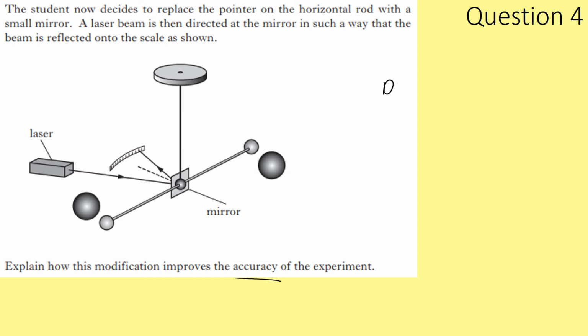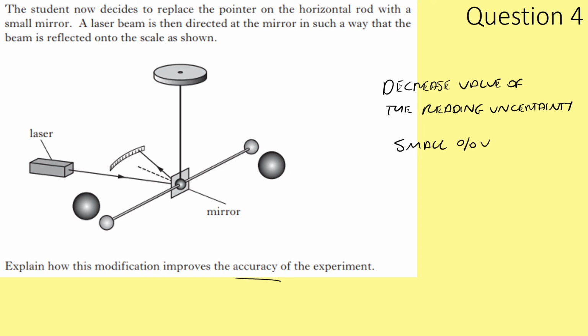That means we have a decreased value of the reading uncertainty, and a decreased value of the reading uncertainty means we have a smaller percentage uncertainty. Now, the smaller our percentage uncertainty, the more confident we can be that our value is close to the accurate value.